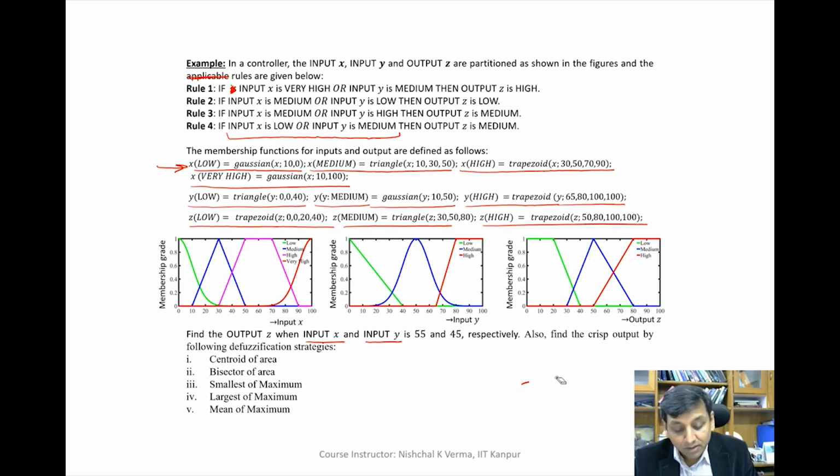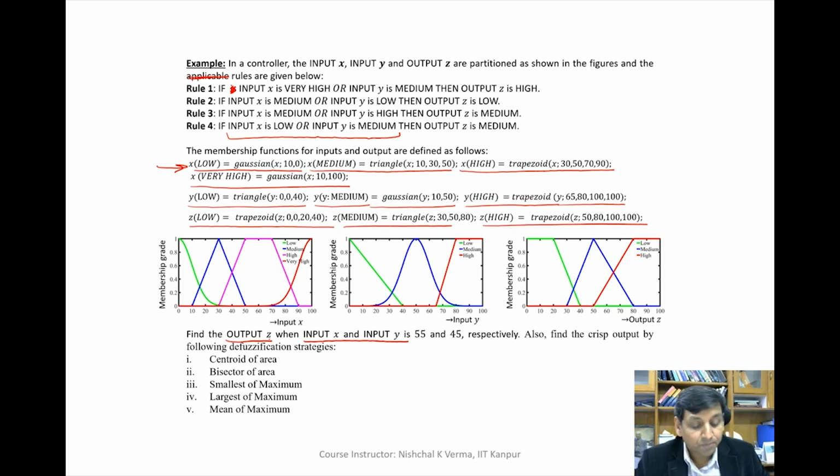So when these two inputs are there, corresponding to these two inputs X and Y, we need to find the Z. Let us first find how many rules are applicable, how many fuzzy regions are relevant for these two inputs, as we have seen in the previous example discussed in the last lecture.